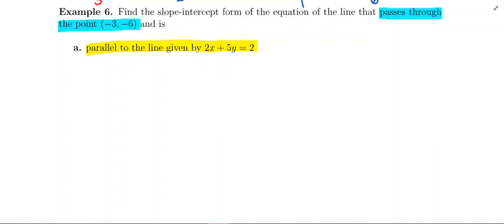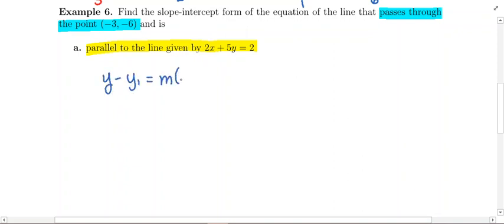So how are we going to start? Well, we're trying to write down the equation of a line that has certain characteristics, so we're going to have to use point-slope form: y minus y1 equals m times x minus x1. We are going to have to plug into this. I'm going to write down the template. y stays y, the minus comes with it, and we plug in for y1.